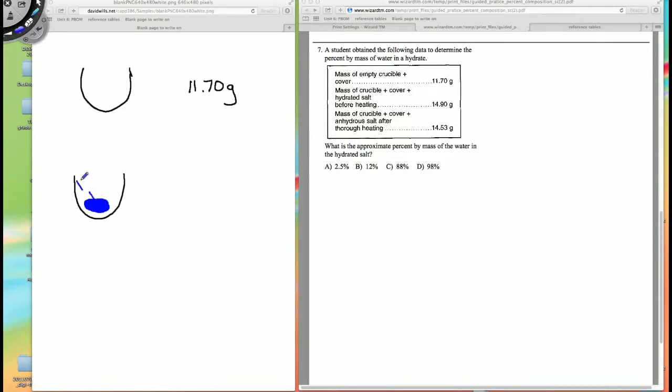Then they give the mass of the crucible and the cover and the hydrated salt before you heat it. So there's your bowl again, and inside the bowl you have that hydrated salt, which means it has the waters attached to it. I'll put them on there so you can visualize it. And that weighs 14.90 grams.